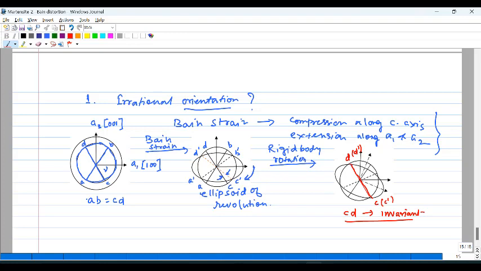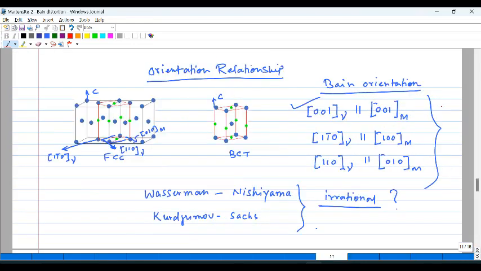Now, the orientation relationships that we derived were based on going from this to this. But now I have given a rotation. So therefore, those orientation relationships are no more valid here. If I give a small rotation to this, this will change by a small amount.